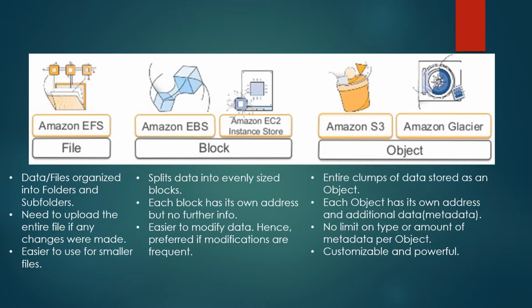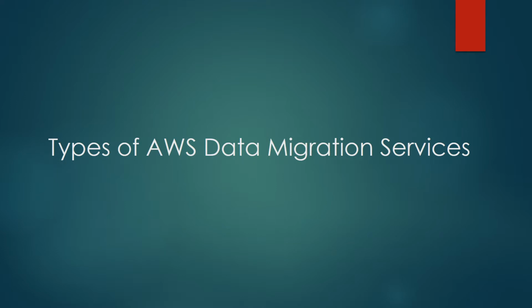Now that we have looked into the data storage services that are offered by Amazon Cloud, let us move on to the data migration services. As stated earlier, the type of data migration service that will be provided to you depends on what type of storage service you choose. AWS offers a wide range of data migration services.